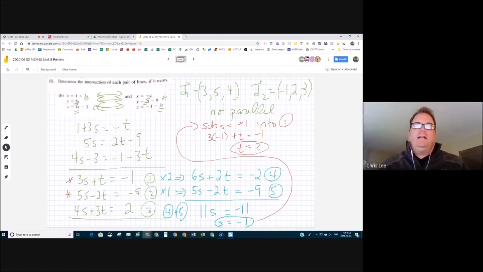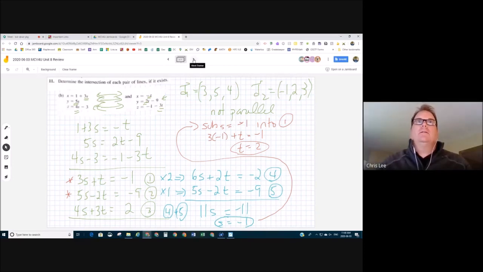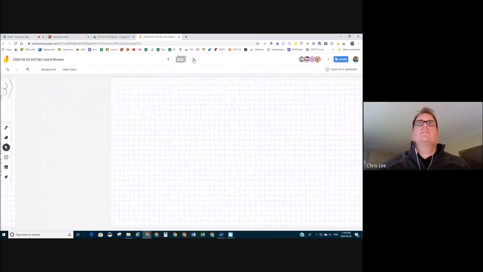So finding this is useful, but we have to check it in the third to make sure it actually works. So that's where we'll move on to the next part, and we're going to verify this in 3. And I'm going to put a big arrow to the next page.